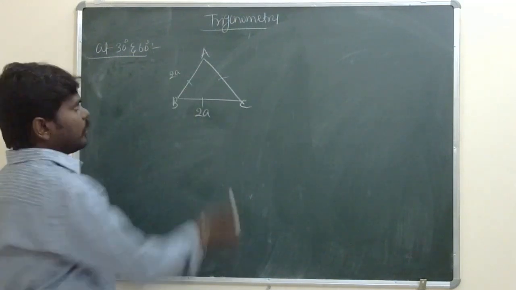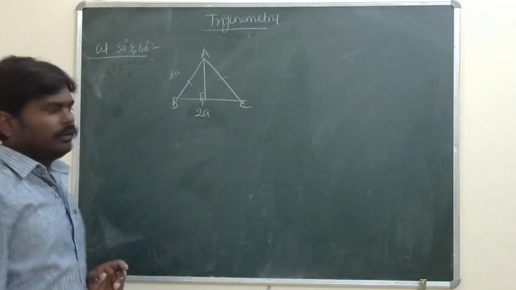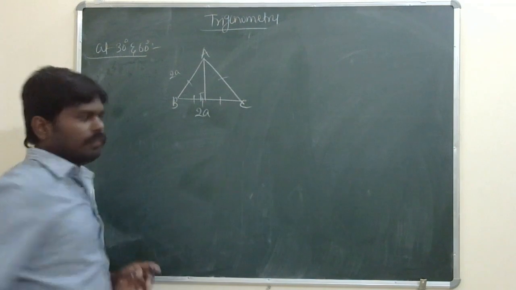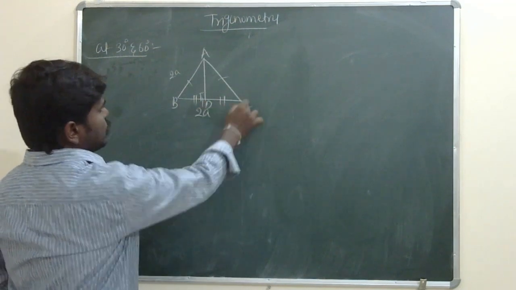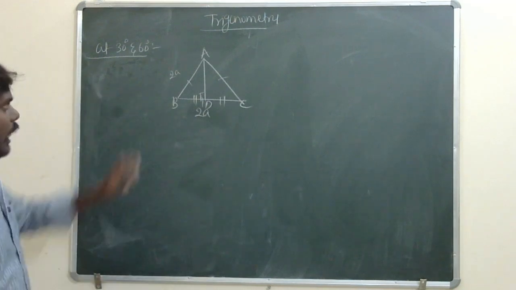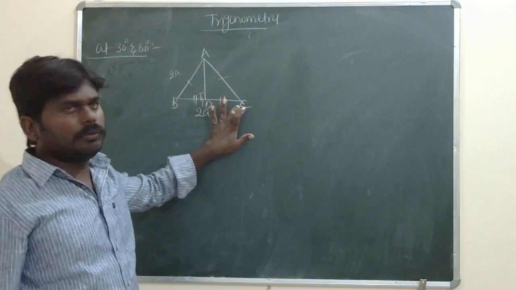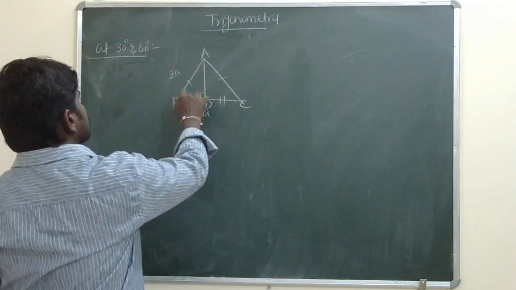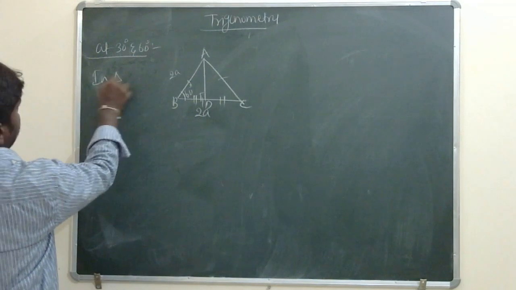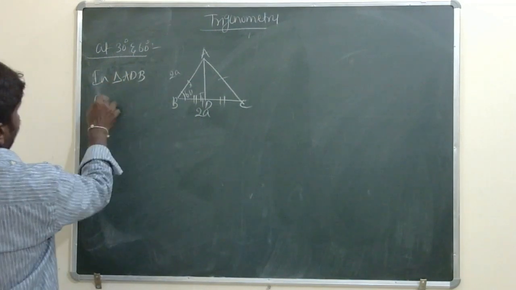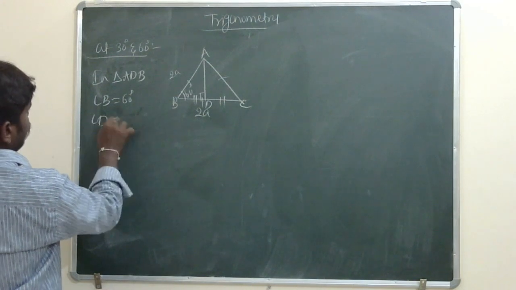Now when you draw the perpendicular here, it is nothing but the median, of course, and it divides the base into two equal parts. So here BD is equal to DC. And as we know, in an equilateral triangle all angles are equal to 60 degrees. So here angle B is equal to 60. In triangle ADB, angle B is equal to 60 degrees, angle D is equal to 90 degrees.